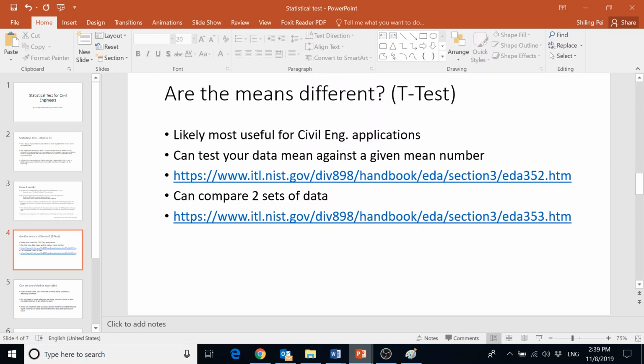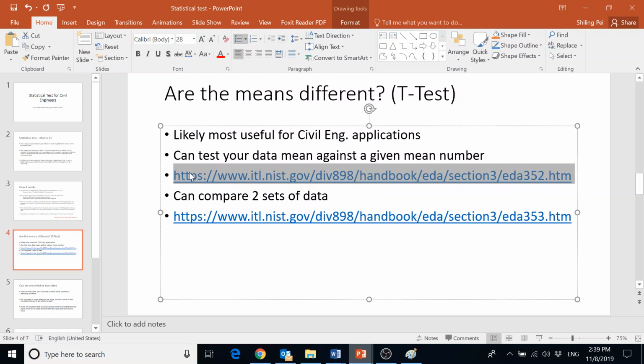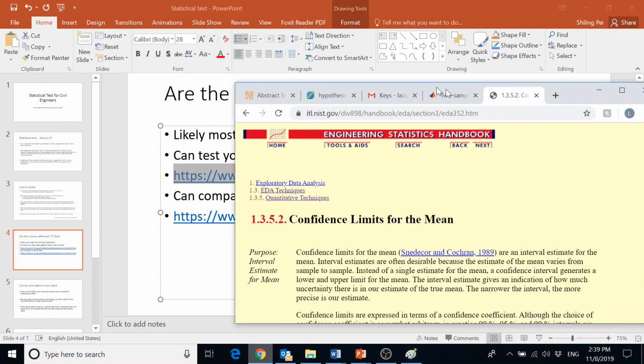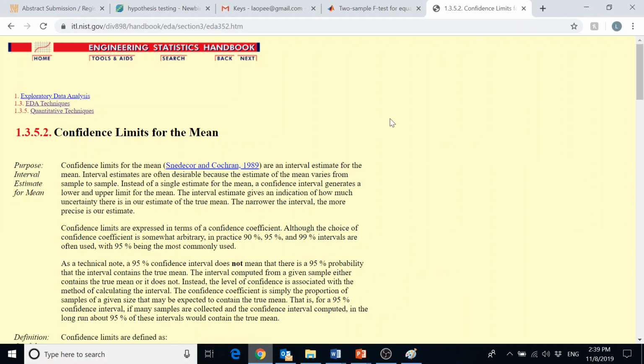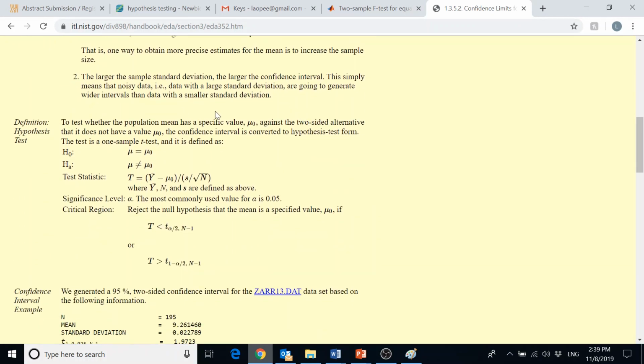For example, you test your mean against a given mean number, so you can just follow this link. Let's take a look. There are a lot of online resources on this, but I found this one to be very accurate and precise.